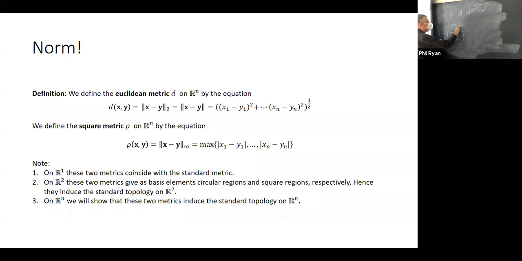So for example, 3 over 2 would look like that, and 3 would look like that. They're interesting from an analysis point of view, all these p norms, but from a topological viewpoint, they're not interesting at all because they all give the same topology.